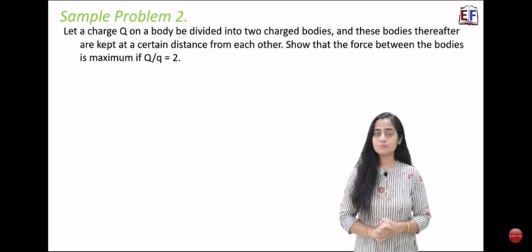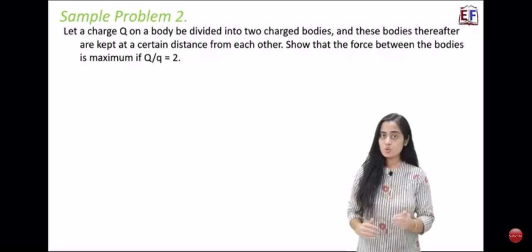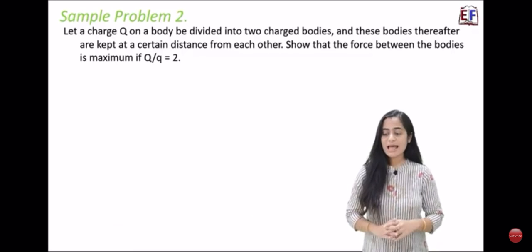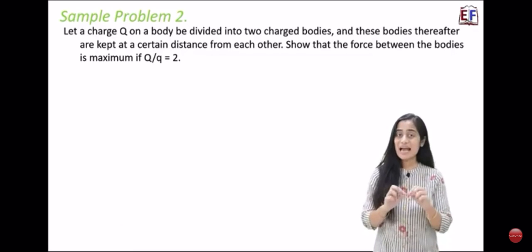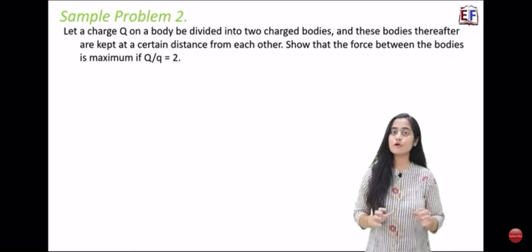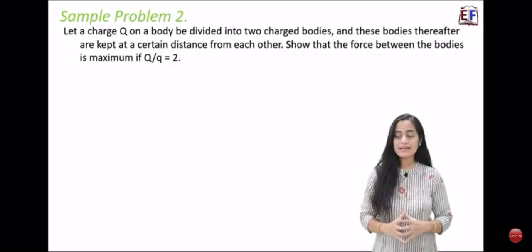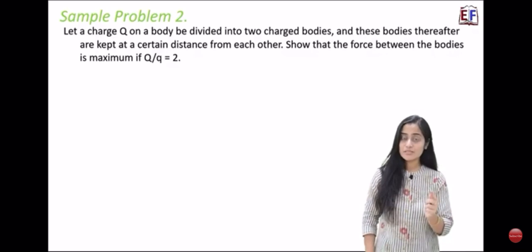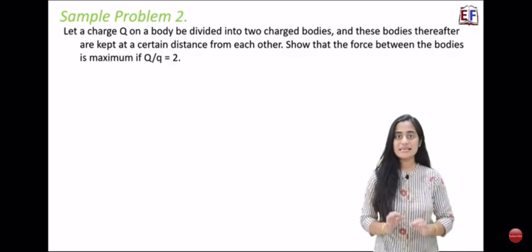Sample problem 2. Let a charge Q on a body be divided into 2 charged bodies, and the bodies thereafter are kept at a certain distance apart from each other. Show that the force between the bodies is maximum if capital Q by small q is equal to 2.